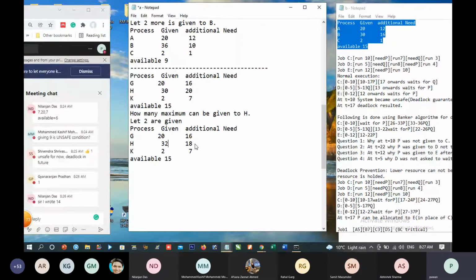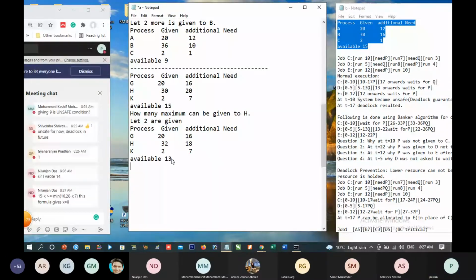Available will be 13. Do you agree? Now, at present, there is no deadlock. If G and H ask for, we shall deny. But if K asks, we shall give. K can be completed.